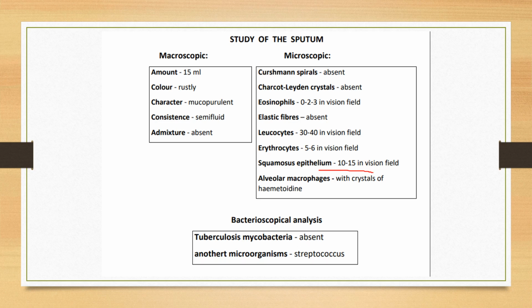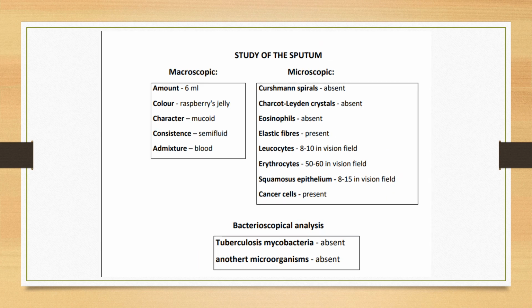I told you if there is the presence of the alveolar macrophage with the crystals of hematoidin and color is rusty, so we are talking about lobar pneumonia. We are talking about lobar pneumonia. An increased amount of leukocytes and squamous epithelium indicate inflammation, and finally our conclusion will be lobar pneumonia. Then we have the last sputum analysis.